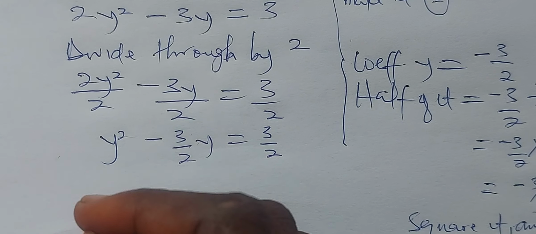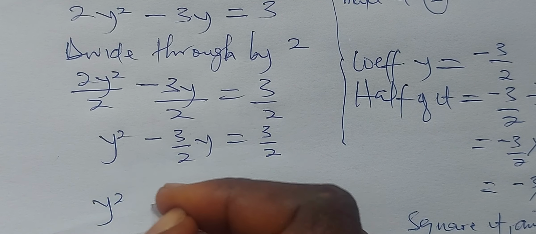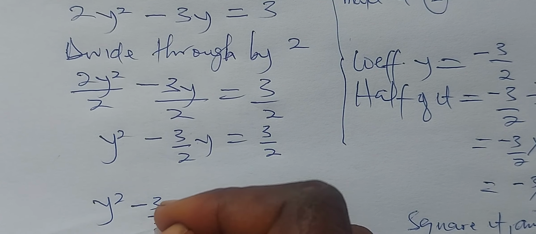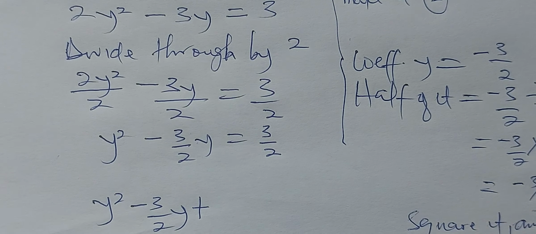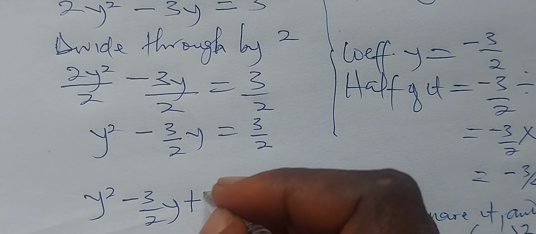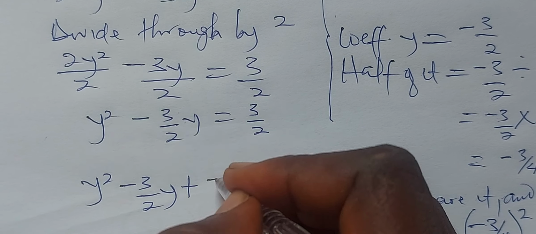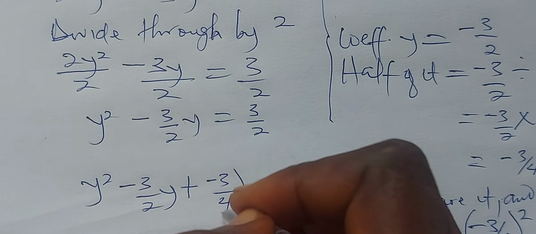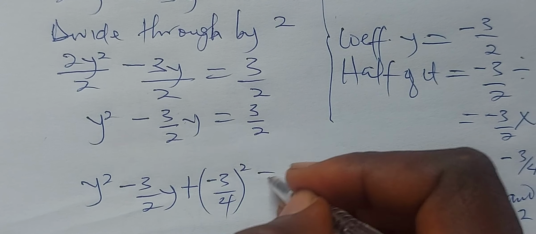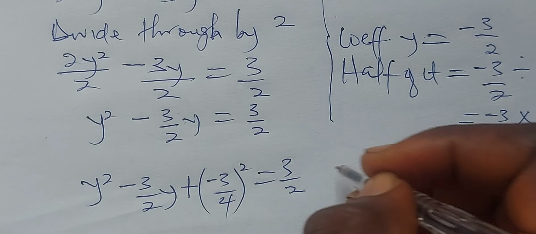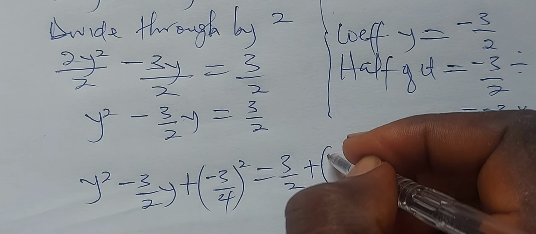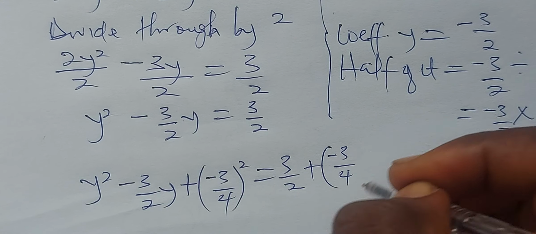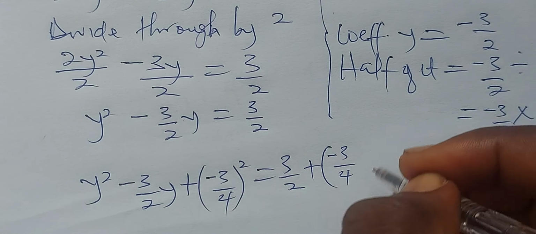So when you come to here, you now have y squared minus 3 over 2y plus this square of the coefficient of everything you have done. You have minus 3 over 4 all squared is equal to 3 over 2 plus minus 3 over 4 all squared. Okay? This is how we roll.